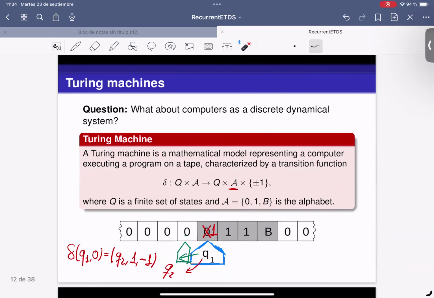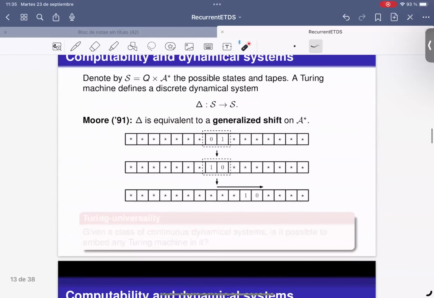And how can we understand a Turing machine as a dynamical system? Consider this thing. It's called the state space. So it's the possible states in which the Turing machine can be, and these are finite strings of symbols of A, so possible contents of the tape.